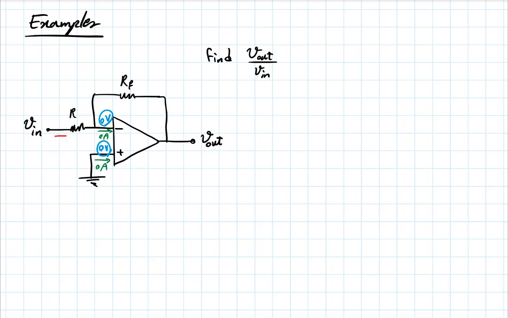What is this current? Let's call this I. What is I? V in minus 0 divided by R. How about this current? IF.